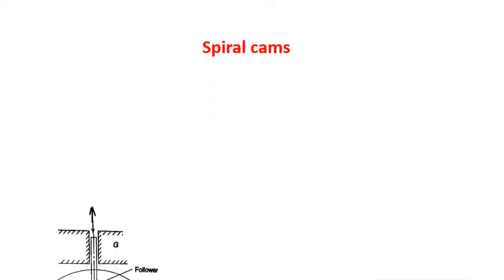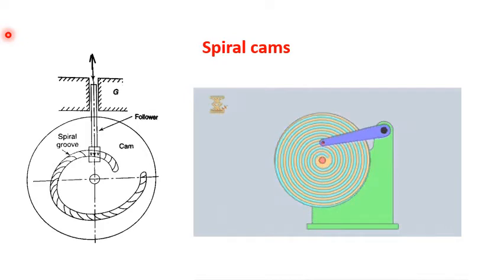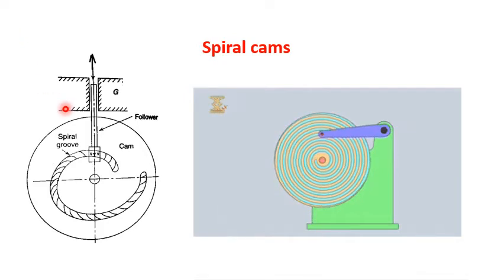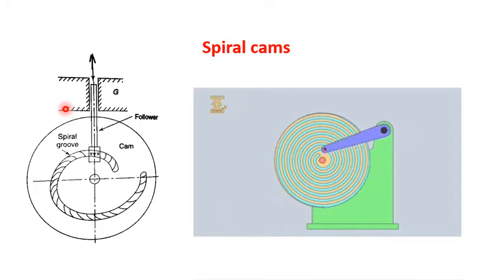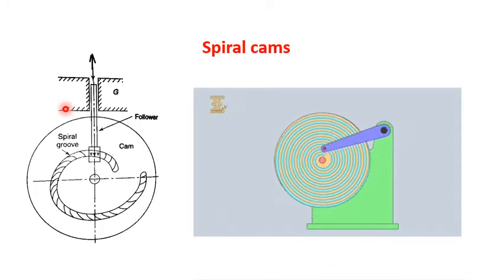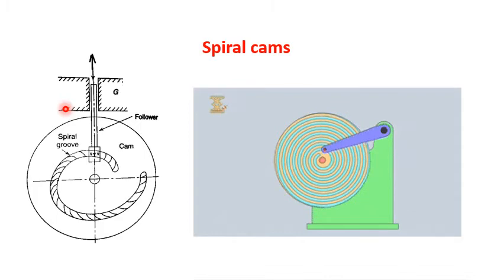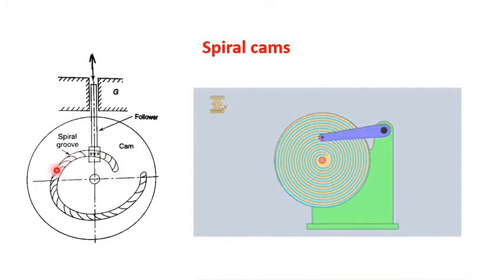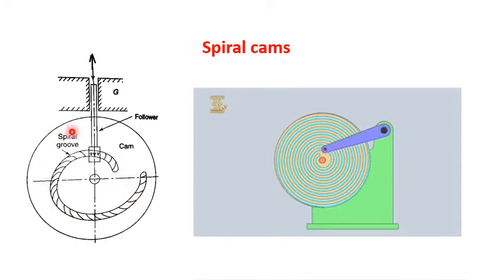Next one, spiral cams. Now this spiral cam is a face cam in which a groove is cut in the form of a spiral. The spiral groove consists of teeth which mesh with a pin gear follower. So this is the pin gear follower, and these are the spiral grooves which are cut on the face of the cam.